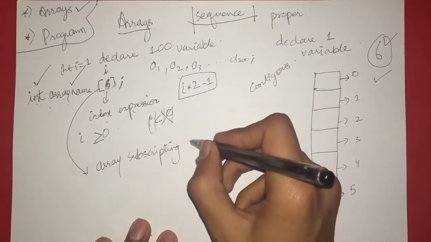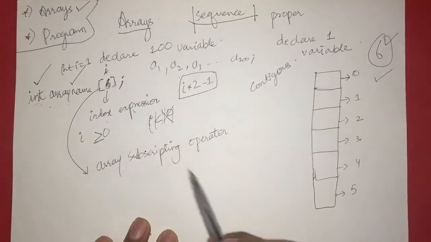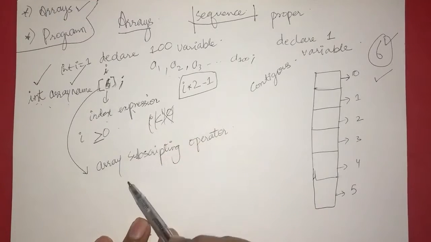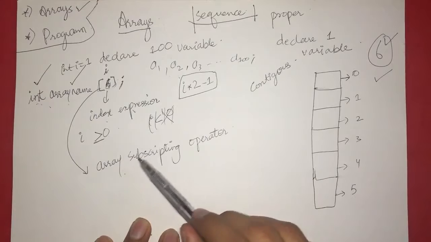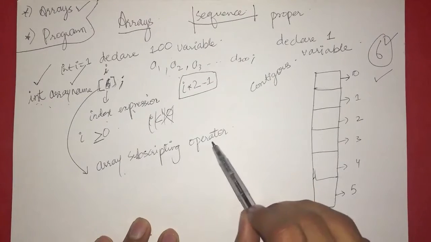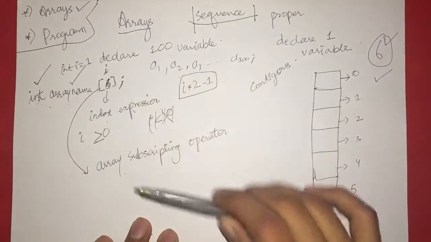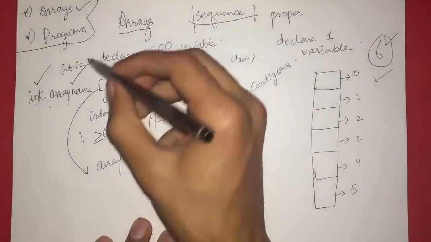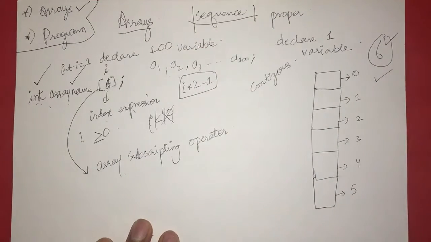This operator, the square brackets, is called the array subscripting operator, or index subscripting operator, and it holds the index expression within it. So this was how you declare an array in your program.